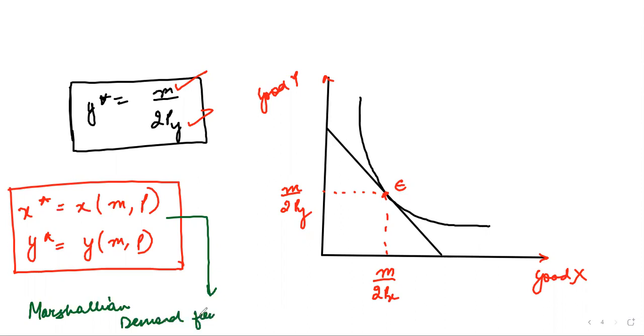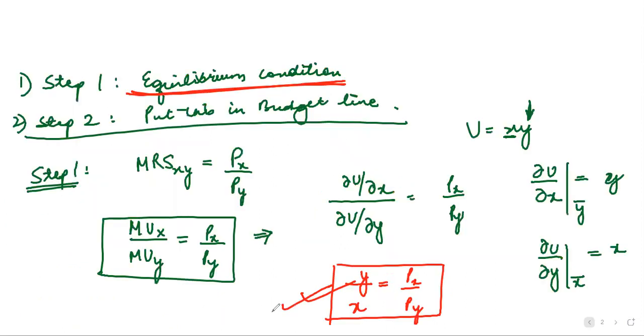So we have derived the Marshallian demand function for U is equal to XY using the equilibrium condition that MRS XY is equal to PX by PY.